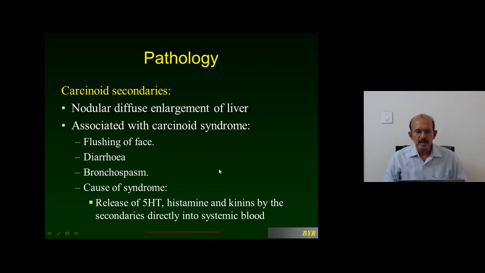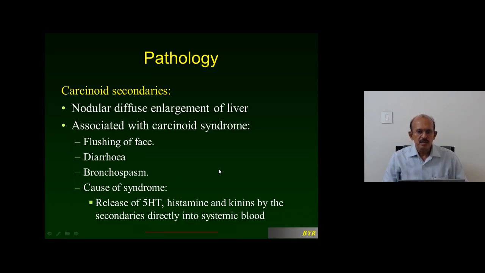If the tumor is there in the ileum or appendix confined there without any metastasis, then they do not have the syndrome. So presence of syndrome always indicates that the patient has secondaries in the liver. Can you tell me an exception for this rule?